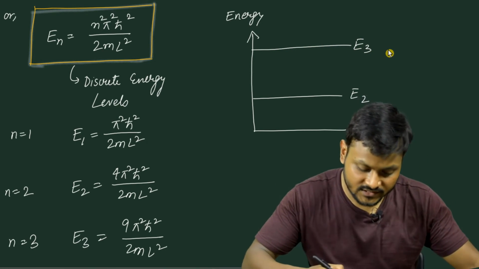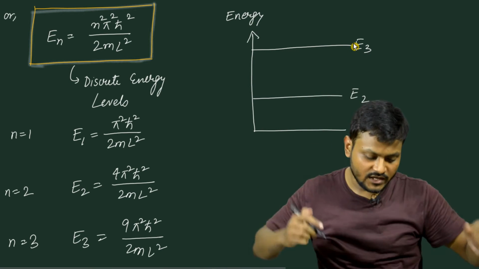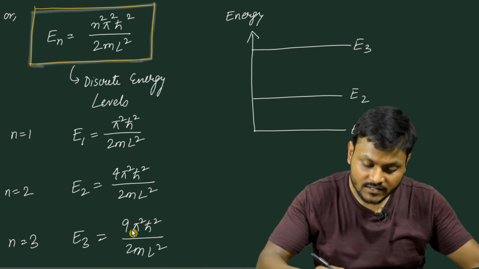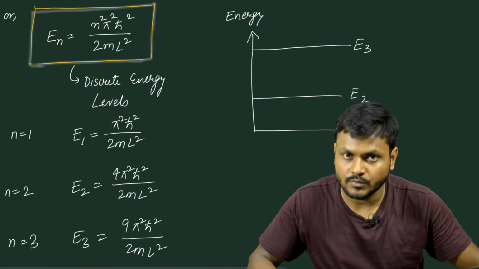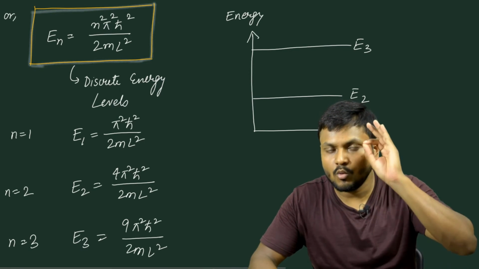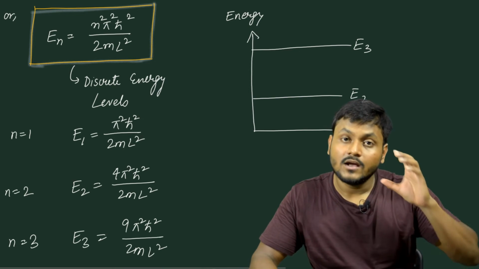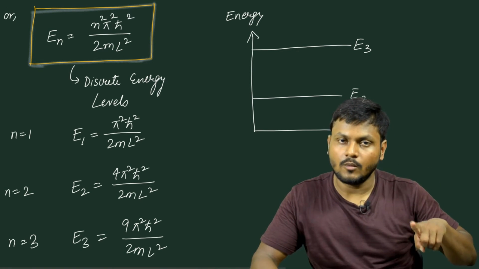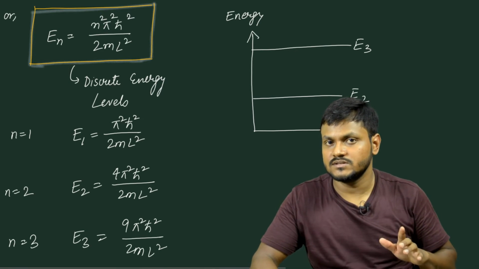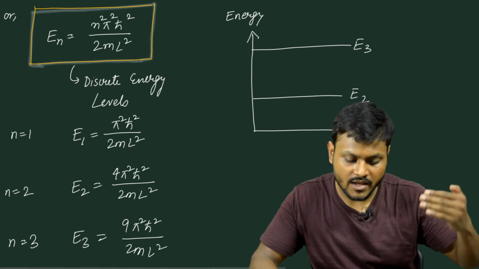The spacing between these lines will increase with respect to n square. No other level apart from these energy levels is possible. The quantum particle can only have these allowed energy levels. So in a way, quantum mechanics for this particular problem leads to discrete energy levels. The particle is not allowed to have a continuous distribution of energies. It can only have some energy levels.